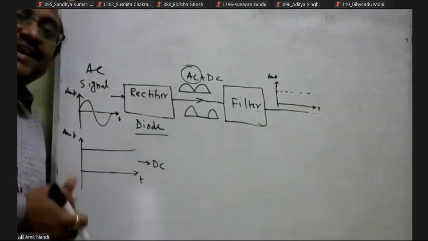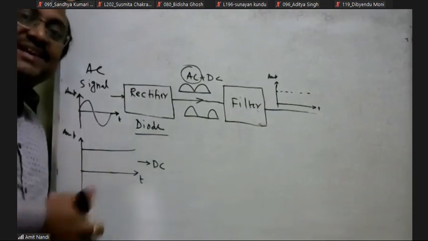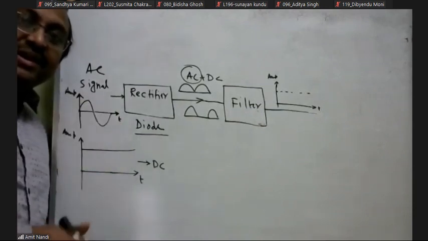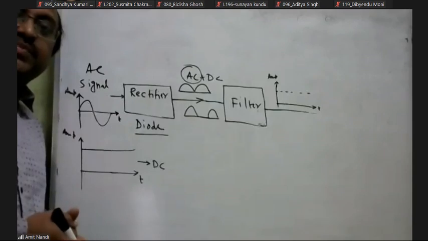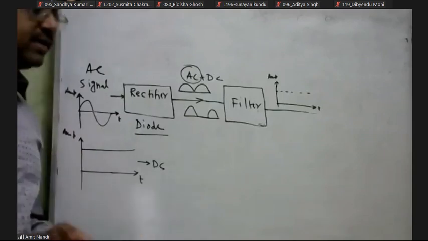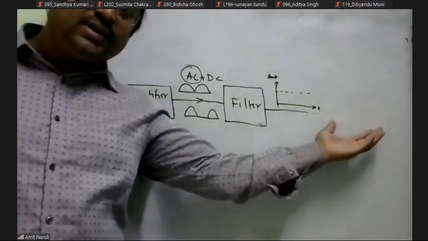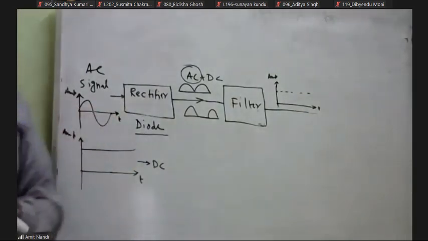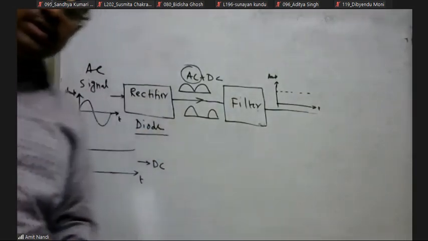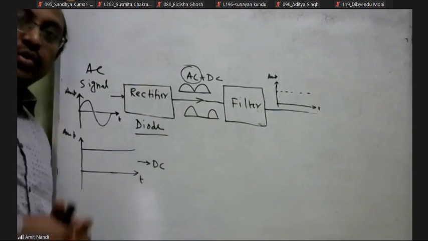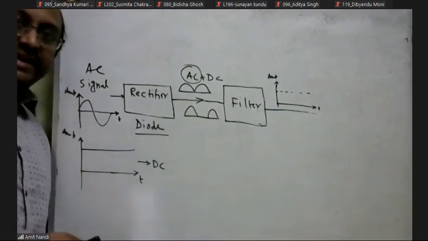So in that case, we require another circuit to maintain a constant voltage with respect to time despite the variation of load as well as input signal. That circuit is basically called the voltage regulator circuit.